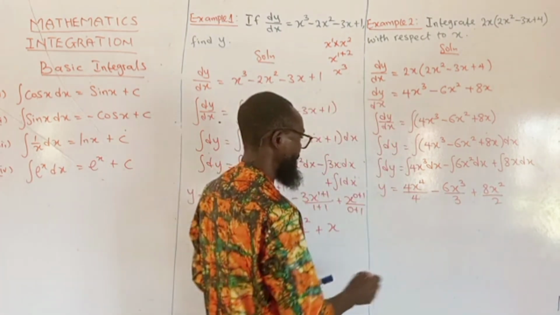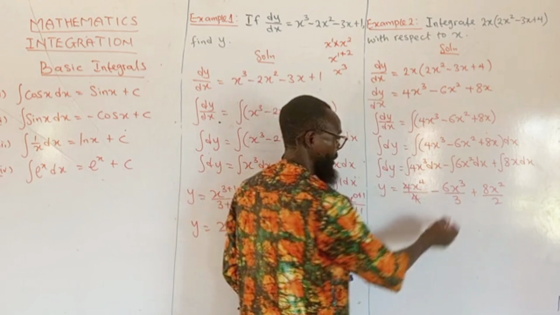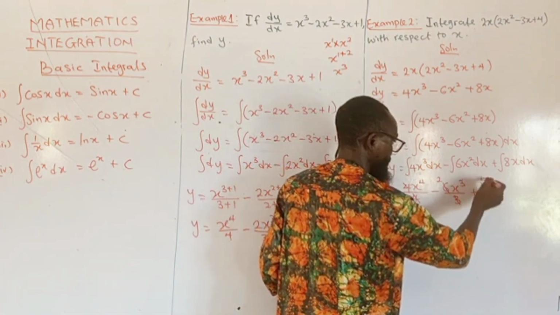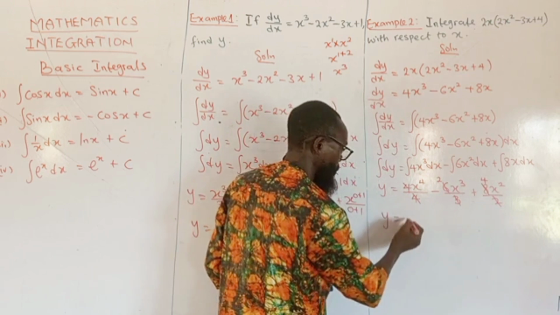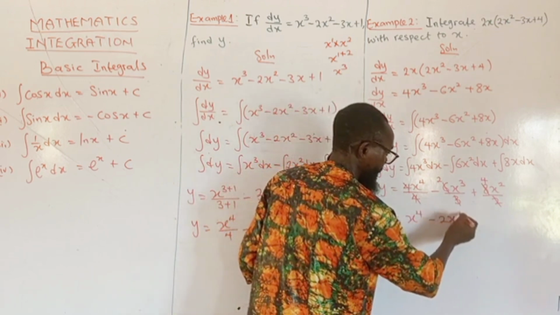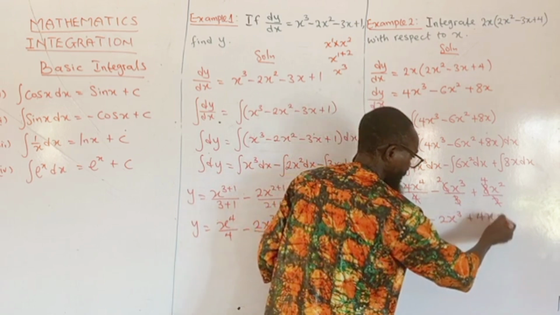Then 4 cancels 4, 3 goes into 6 twice, and 2 goes into 8 four times. So y equals x to the power 4 minus 2x to the power 3 plus 4x to the power 2.